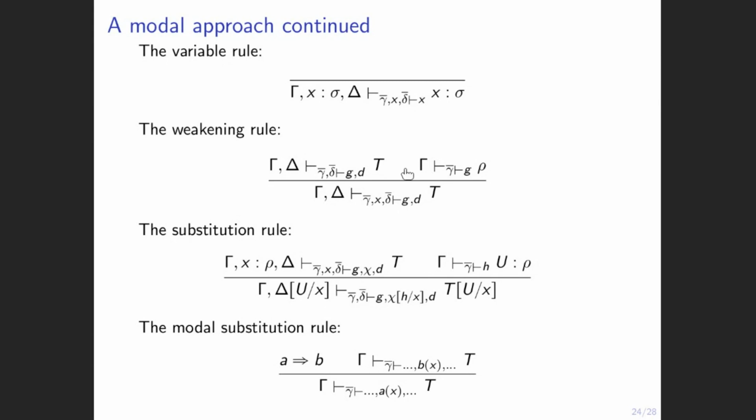Similarly, we can weaken by a type here, and this is also a typo. I should have x in rho here between gamma and delta. We can also substitute. It's a little bit more complicated because we have to substitute also in this annotation here.